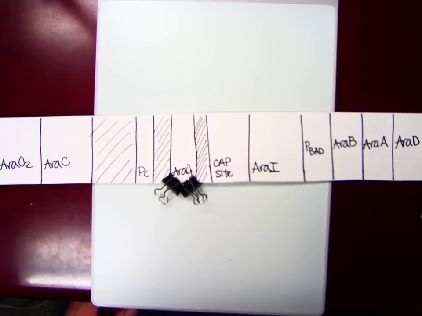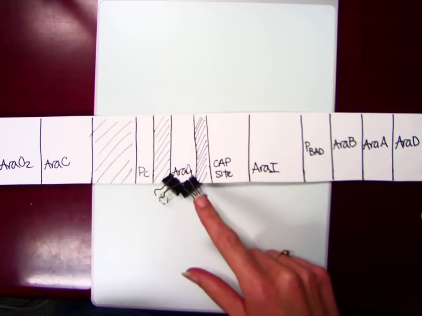Upstream here we have the different regulatory sequences. So you'll remember, hopefully, that the Arabinose operon is regulated by a protein called ARAC. The ARAC protein, in addition to regulating the Arabinose operon, also regulates its own transcription. And so that's what I've shown here with these little binder clips.